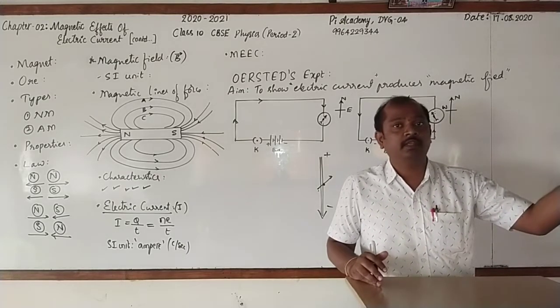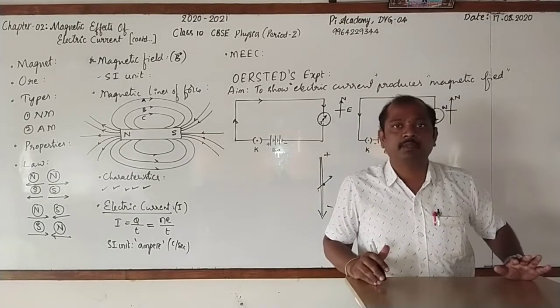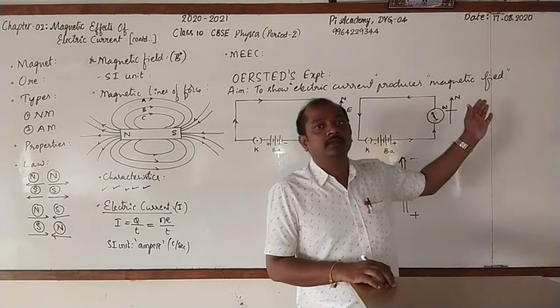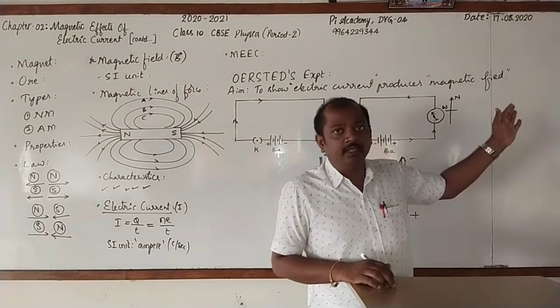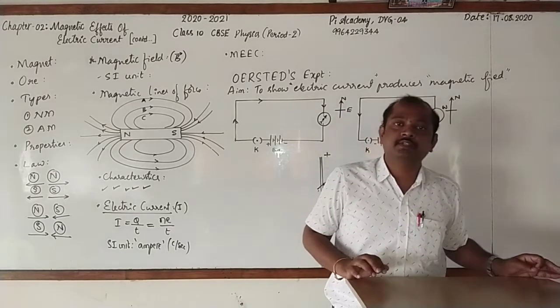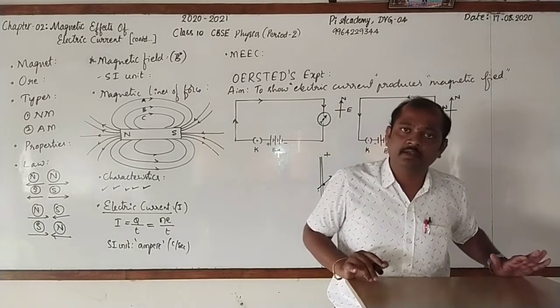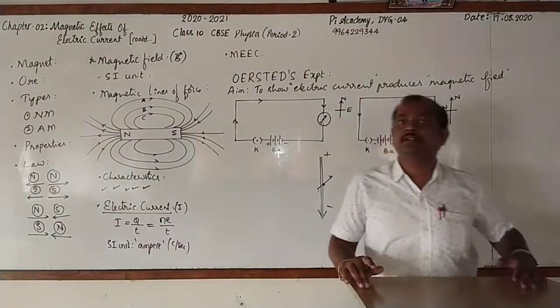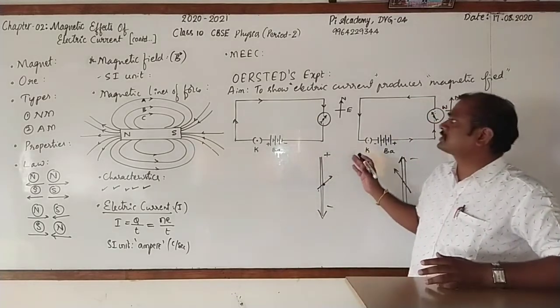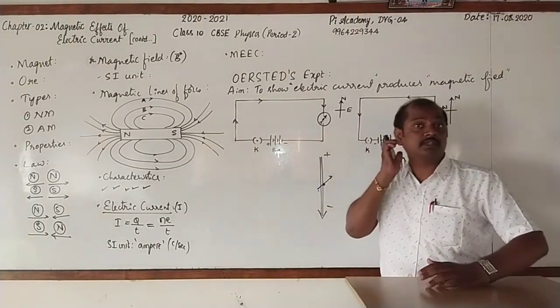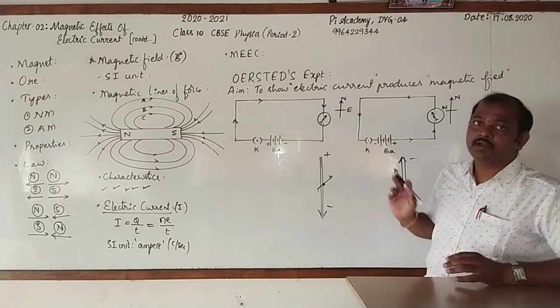Then with his head facing towards the north pole of the magnetic needle, his left hand indicates the direction of deflection of the magnetic needle. Clear? Actually, this statement is not there in the textbook. It is only for the sake of understanding the direction of the deflection of the needle, so we can learn that.